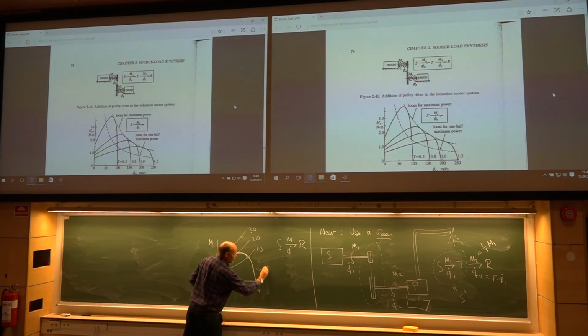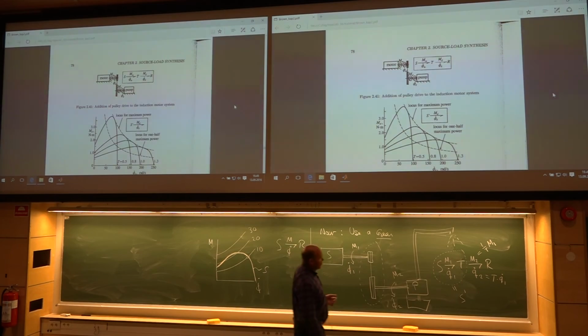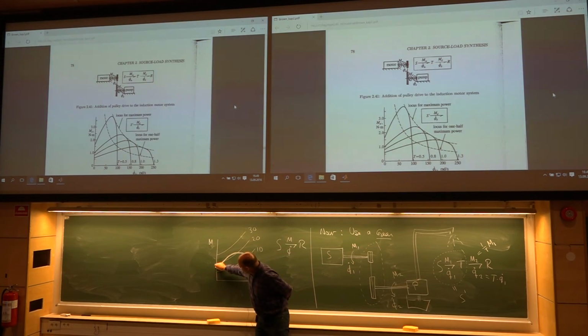So this is the real source. How can I change it? Well, I must change it such that this point, for instance, can be lifted all the way up here above this one. So I sort of have to roughly double it. Okay, it has to be doubled.